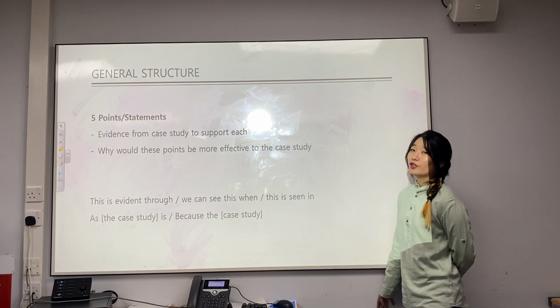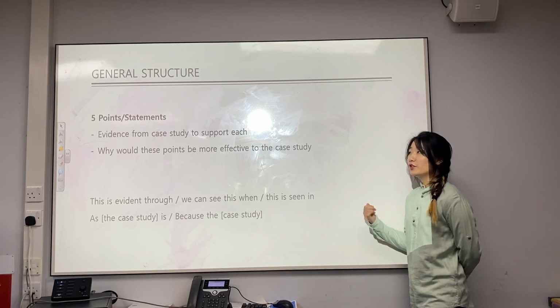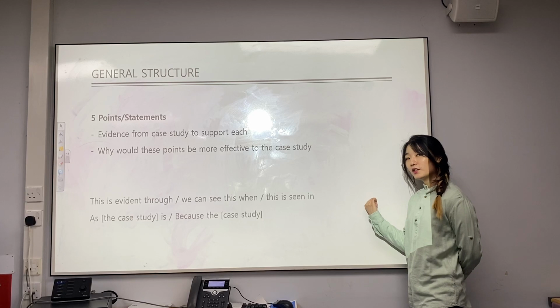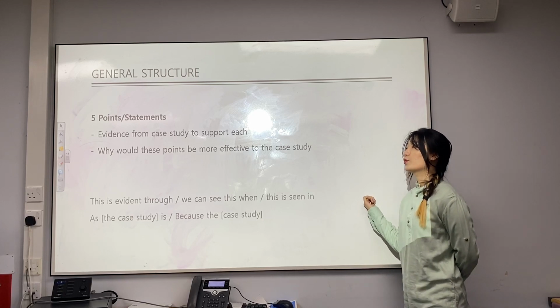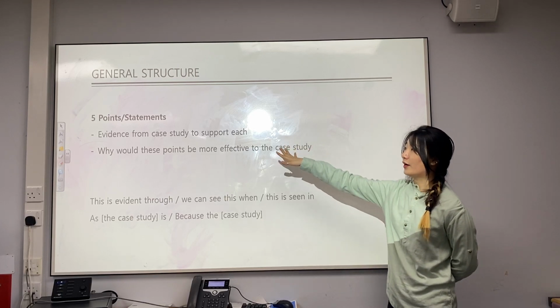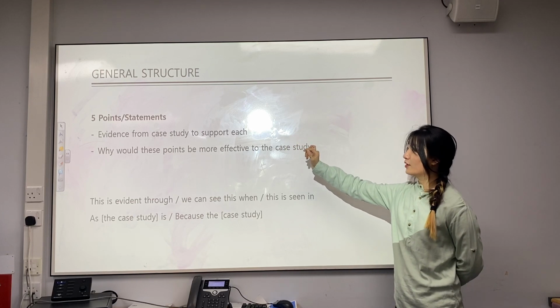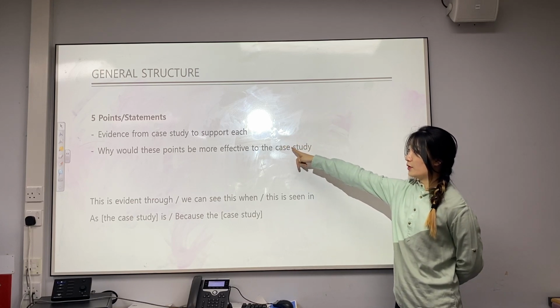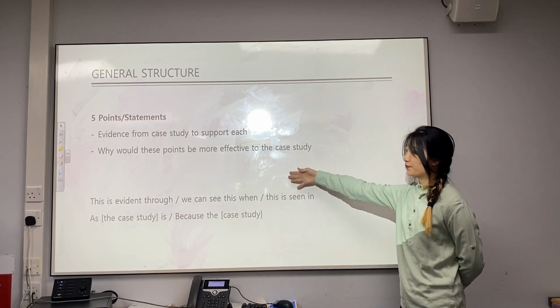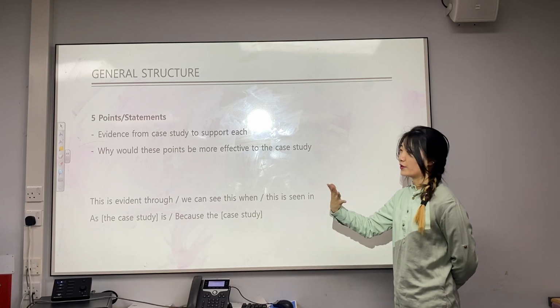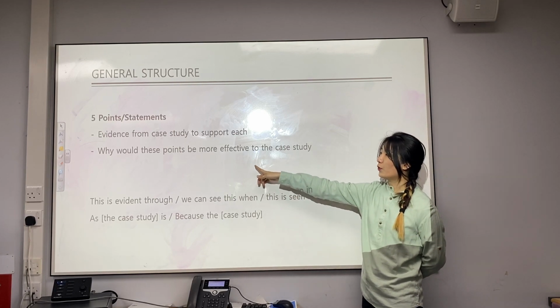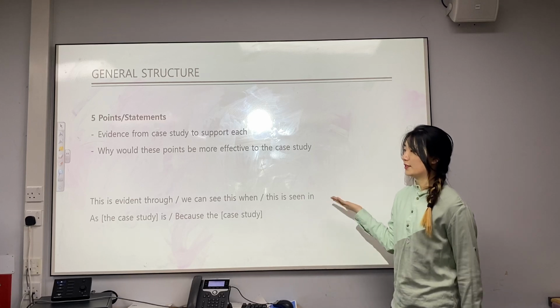A general structure, like I just quickly mentioned, applicable for all single argument questions, would be giving 5 pointer statements with evidence from the case study to support your statement. And why would these points be more effective for PST?